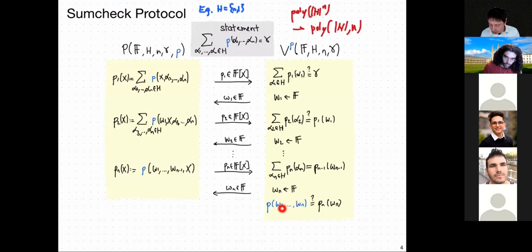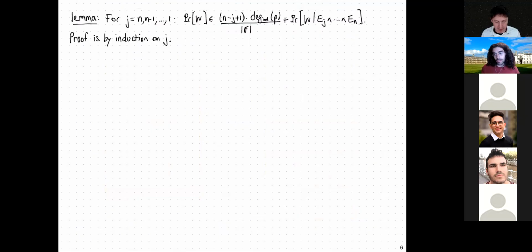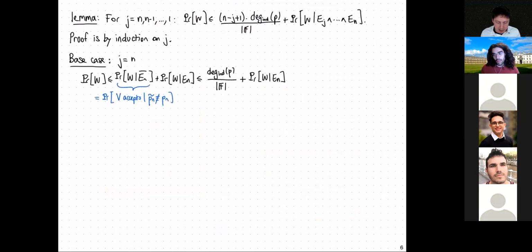At the very end, the verifier checks whether the final polynomial evaluated at omega n really equals the correct polynomial evaluated at all those random points. Okay? So this is the check that is relevant for j equals n now, right? So the verifier accepting means that at minimum, the last check passed, right? At minimum. And we are given that the prover sent the incorrect partial sum, not the correct partial sum.